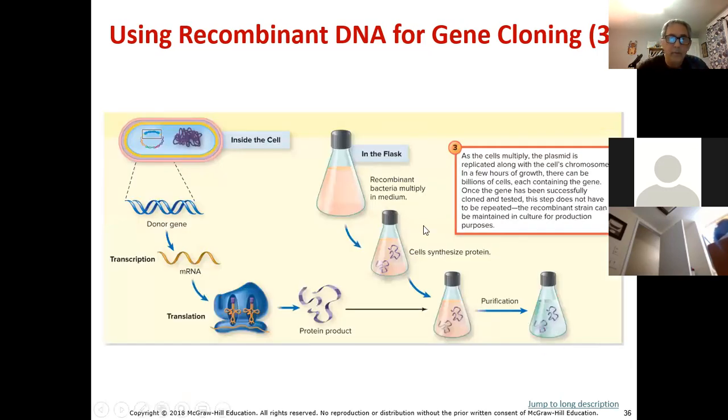I sort of jumped ahead of myself, but the bacteria with the donor gene will get transcribed and translated. It'll make the protein, and you grow up the bacteria, and then you can separate the bacteria and purify the protein product that you wanted.